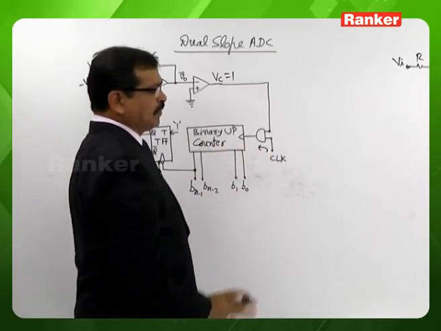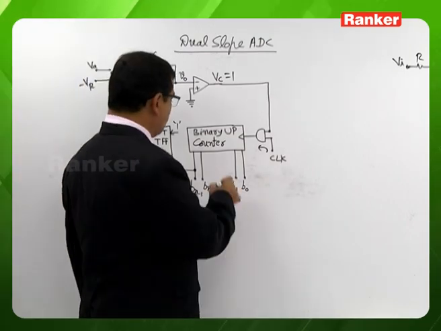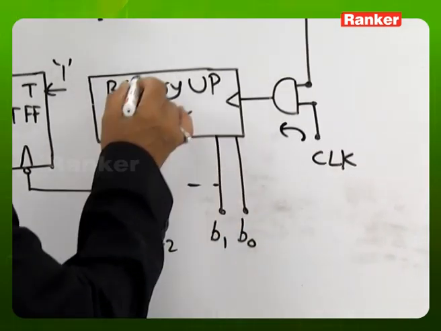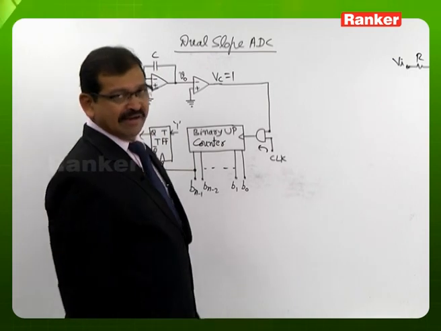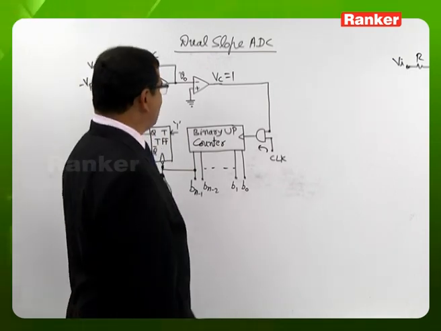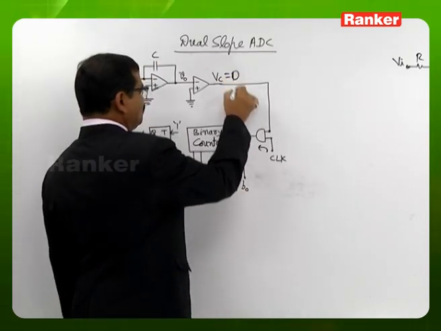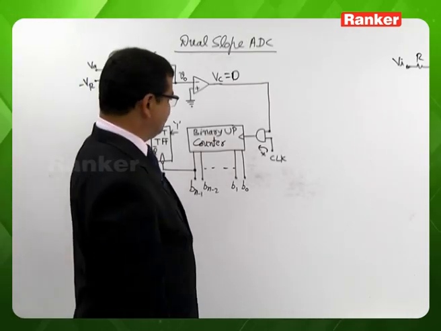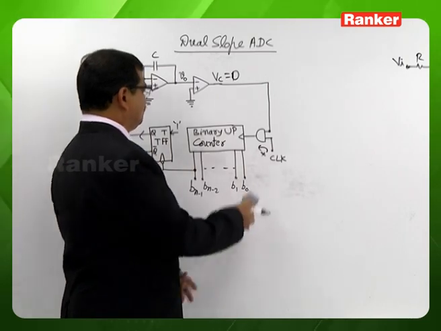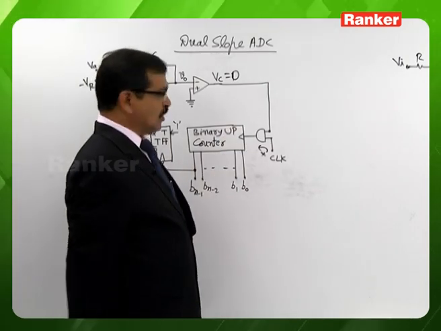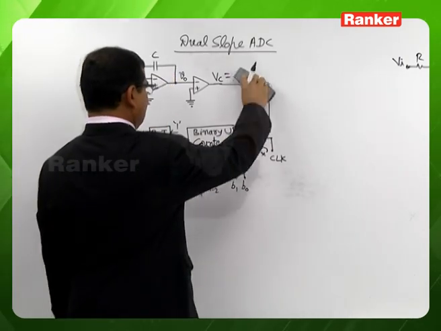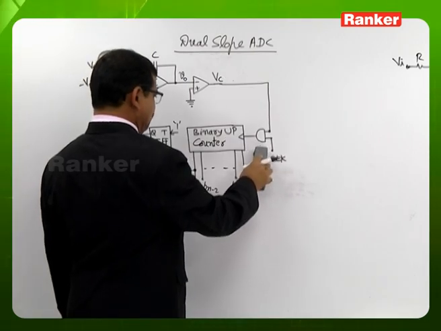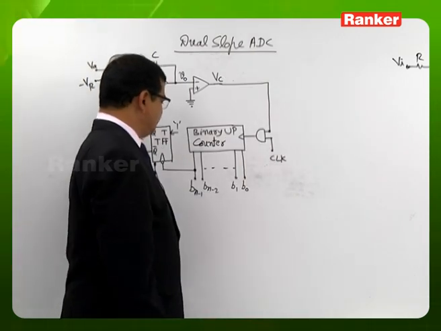So this binary up counter, similar to the counter type analog to digital converter, this binary up counter value is going to get incremented. But as and when the comparator output is 0, the clock does not have a chance to pass through this AND gate. So the principle is very similar to the counter type analog to digital converter as far as the clock to this binary up counter is concerned.